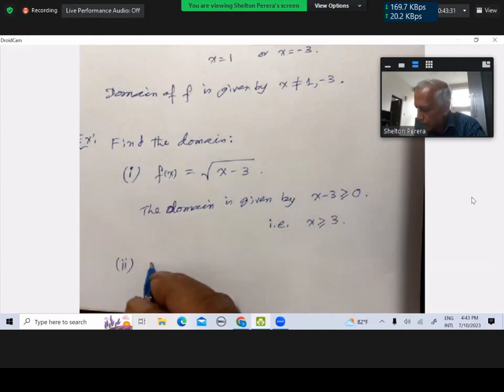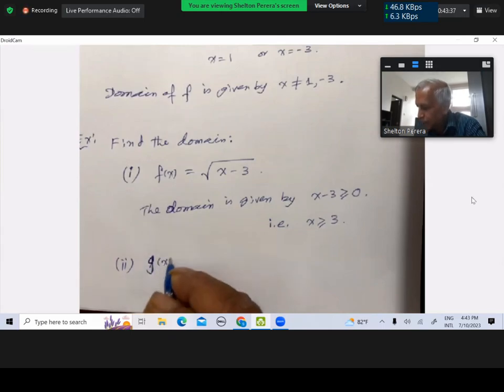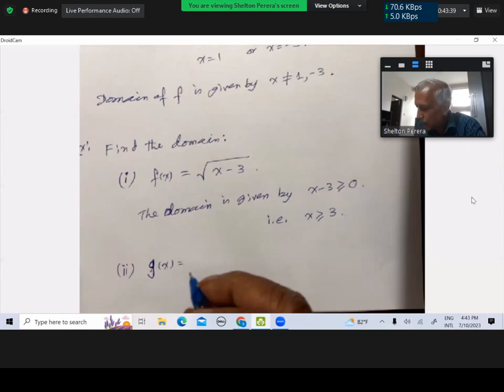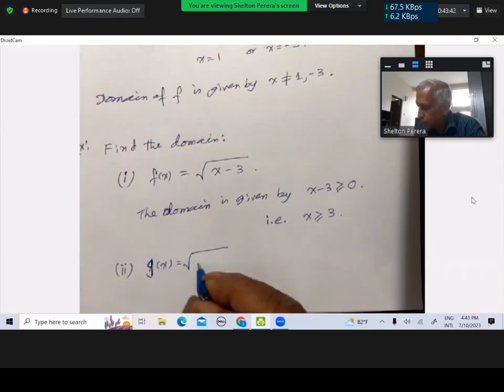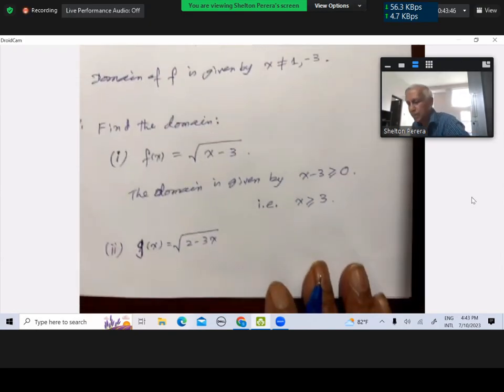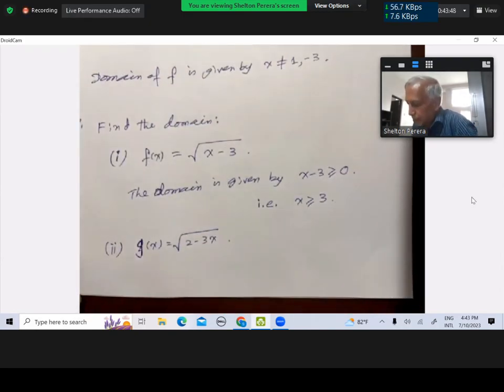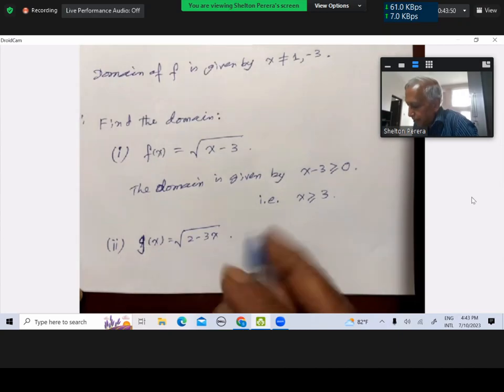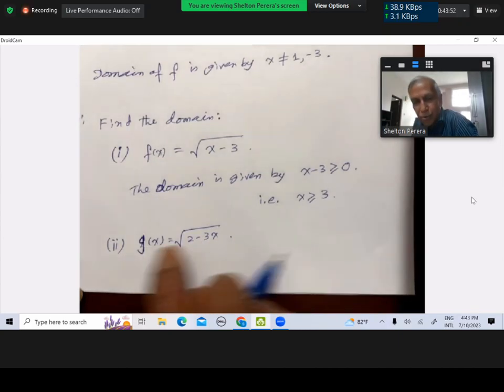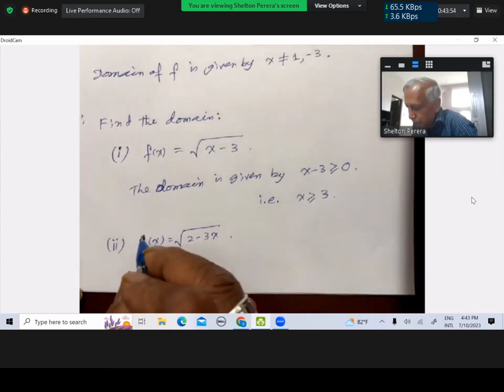Second one, shall I write g of x? g of x equals square root of 2 minus 3x. What is the domain? Again, only the rule is given. Name of the function is g.